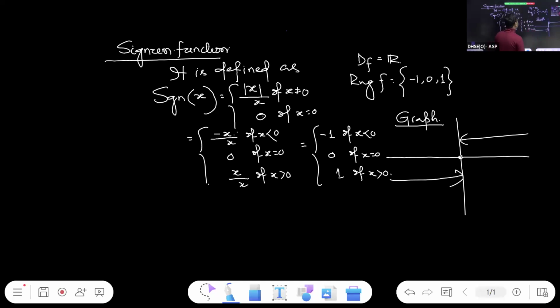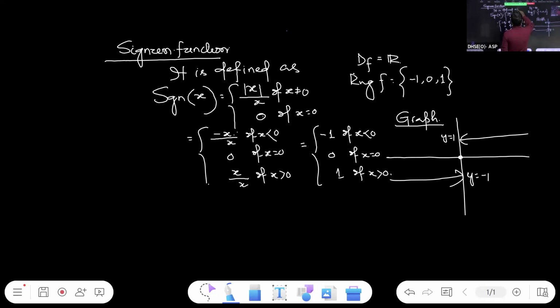So this is y is equal to 1, this is y is equal to minus 1, and y is equal to 0. This is the graph of the signum function.